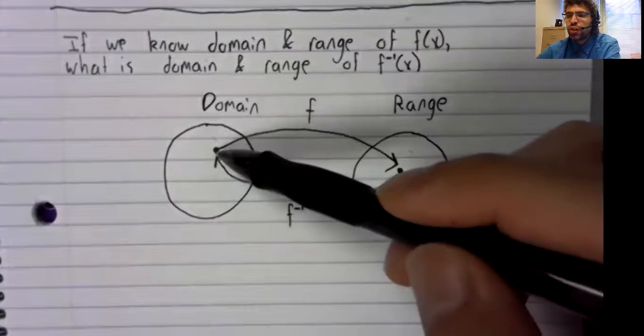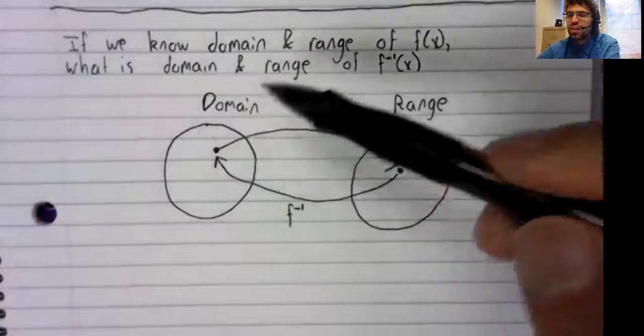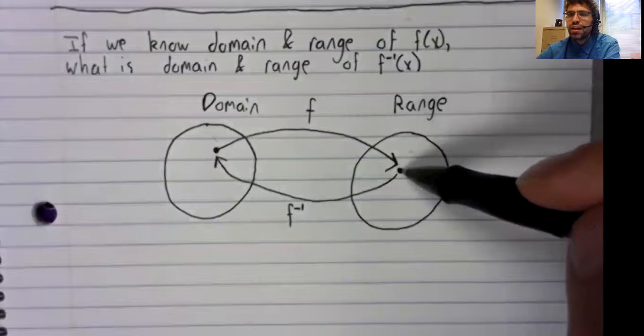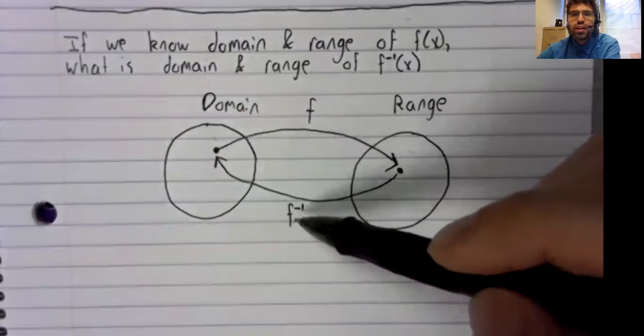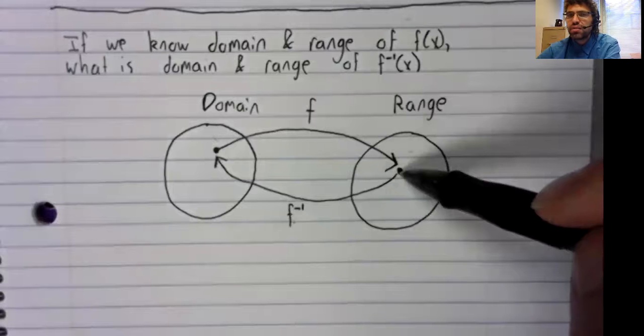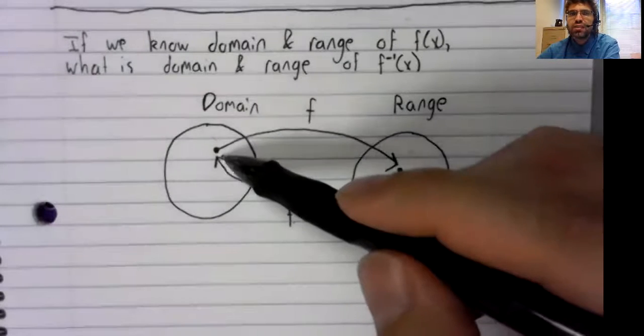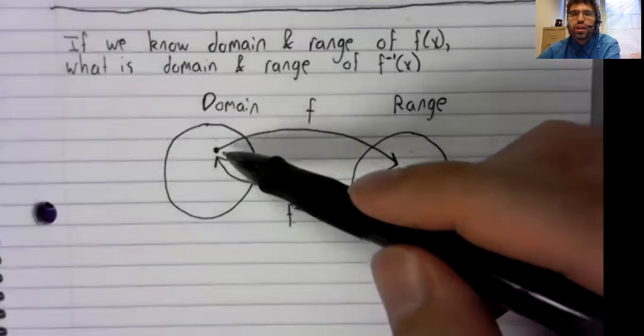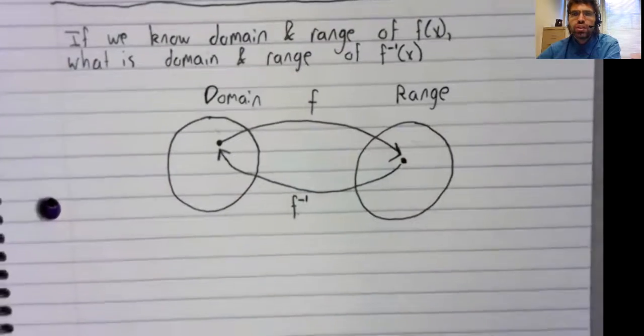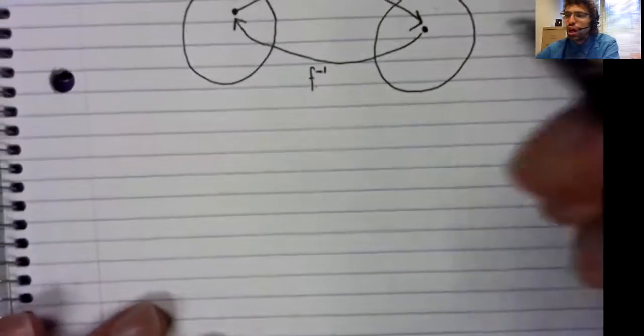This original function took this as an input and gave this as an output. The inverse took this as its input and gave this as its output. In other words, the domain and range are reversed.